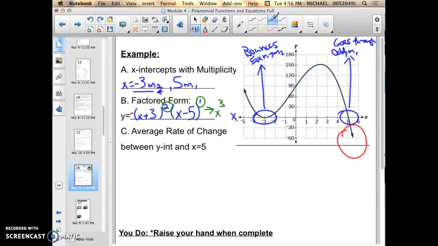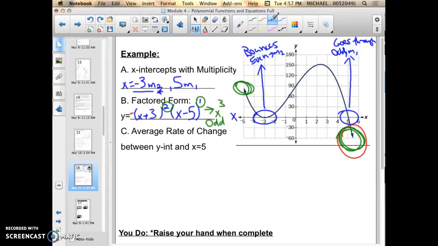And so that also tells me the final piece of information that I have to include, that it's going to be odd. And all that means, and you can see this pictured here, odd polynomial functions have opposite endpoints. So down here, the rightmost endpoint is going down, and the leftmost endpoint is going up. So that means that it's odd as well from the picture.